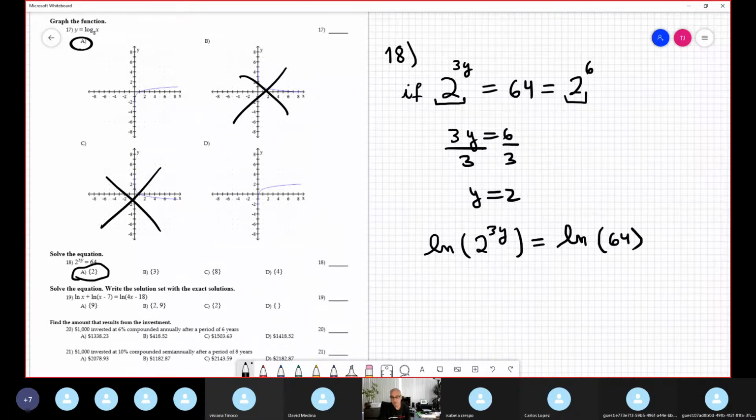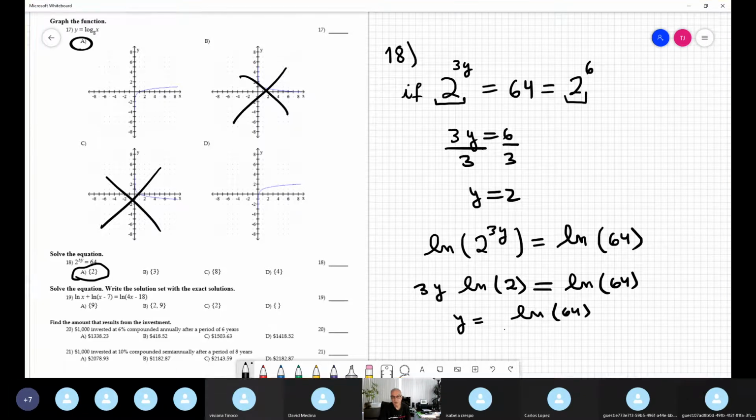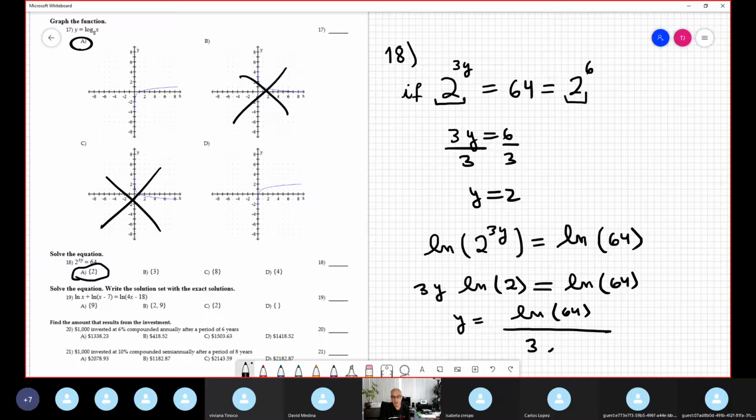Suppose I apply natural. I don't know why. You apply the property number 7, the exponent goes to the front, 3y times natural logarithm of 2, and natural logarithm of 64, no? Now, y alone is natural logarithm of 64 divided by 3 times natural logarithm of 2. And you put in a calculator, and that's it.